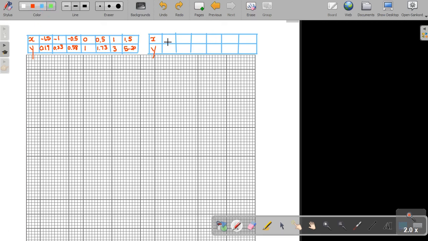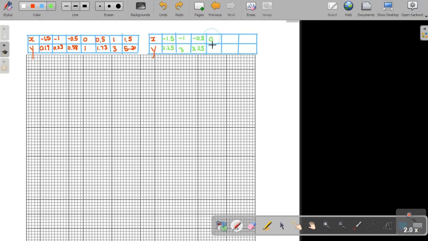Okay, I think I'm going to use another color for this one. This was negative 1.5 and 2.25. And this was negative 1 and 3, negative 0.5 and 3.25.